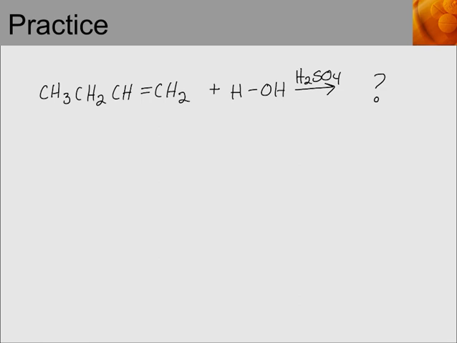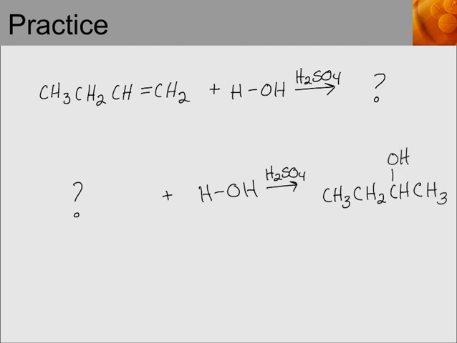For the second reaction, I want you to figure out what your starting material would be. We always need our acid catalyst. Okay, so pause the video, see if you can figure out these two problems, and when you unpause, we'll go over them together.